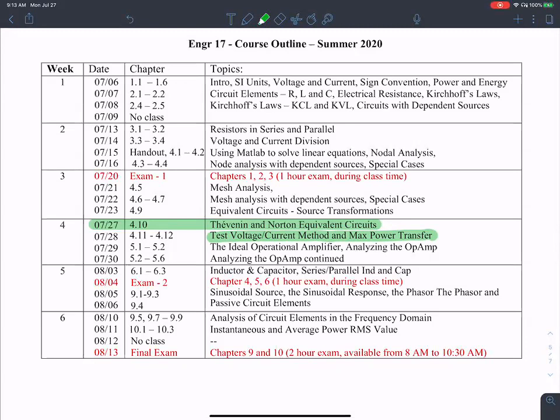In the next class, we're going to look at more examples. I'll solve some examples for this and then move on to that. Okay, that will be the end of chapter 4. Then we can start an interesting chapter number 5.